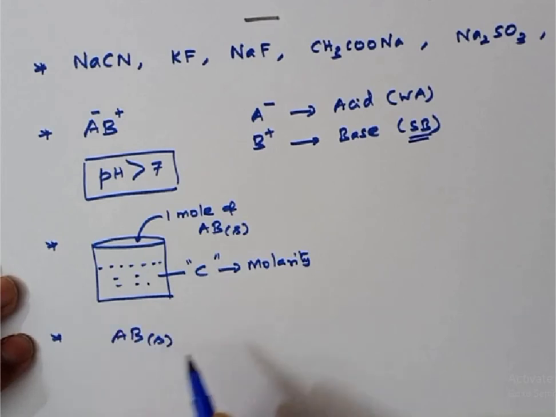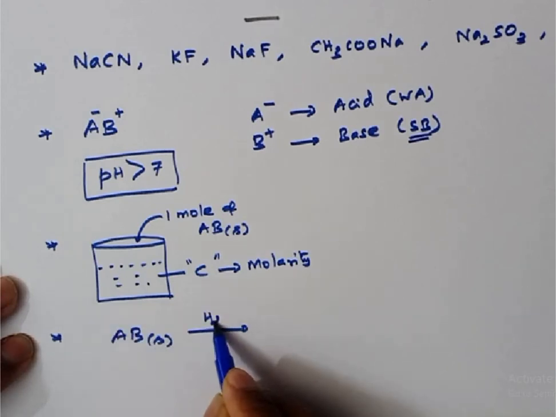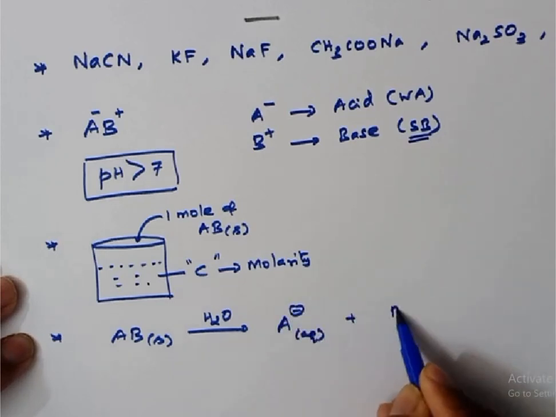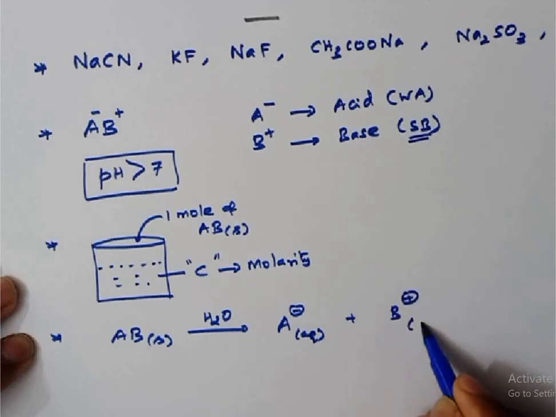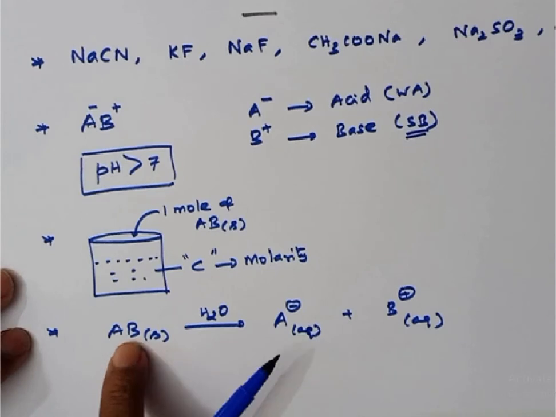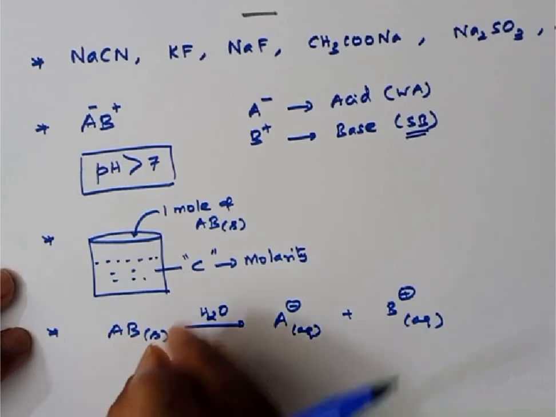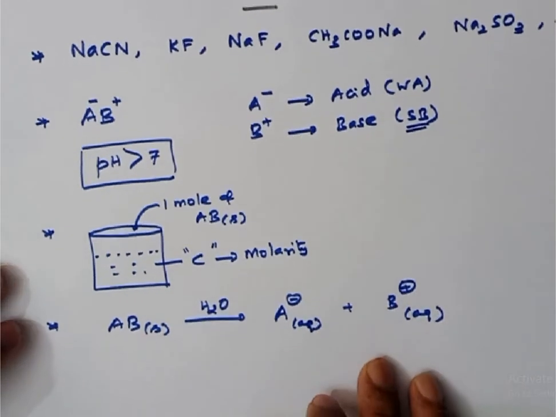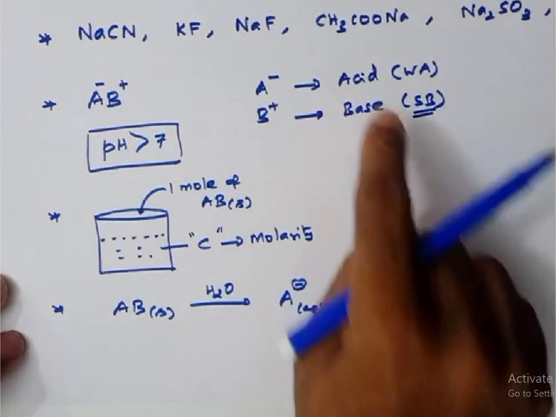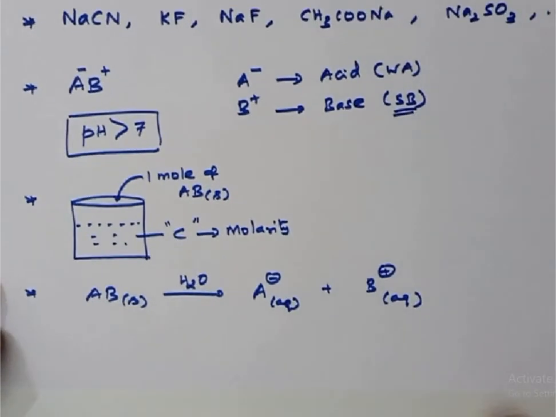When you add the solid in water, you will get A minus aqueous ions and B plus aqueous ions. The salt dissolves and produces ions. You know very well the anion comes from acid and the cation comes from base.